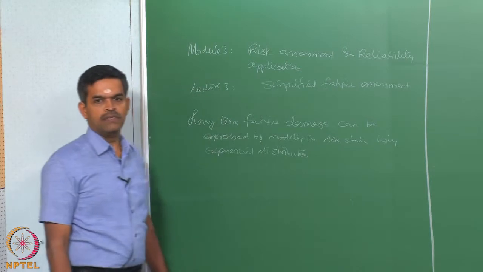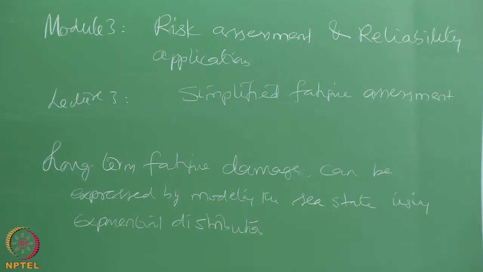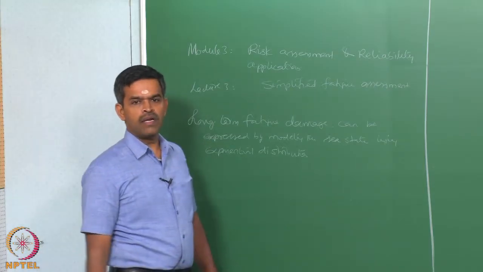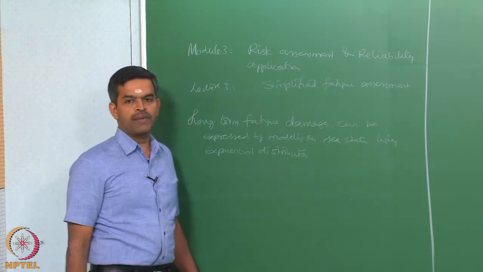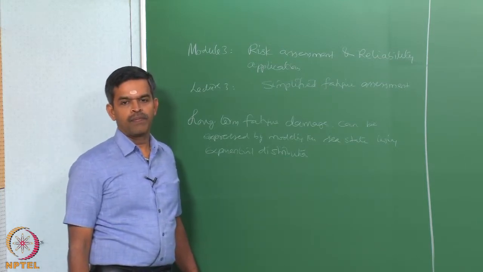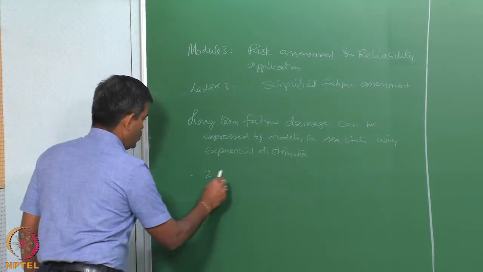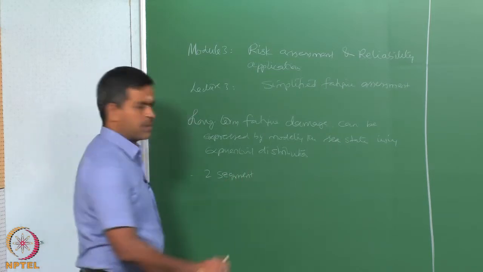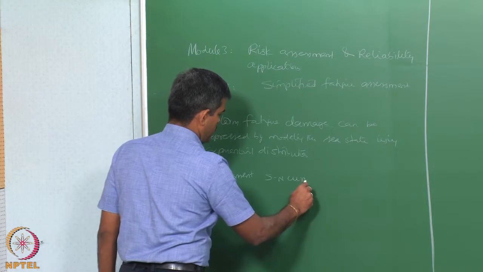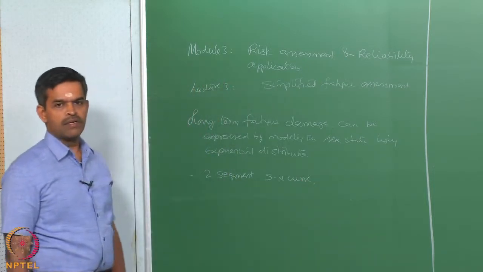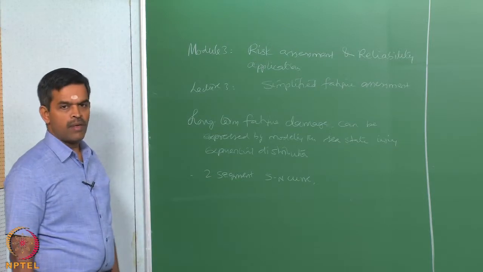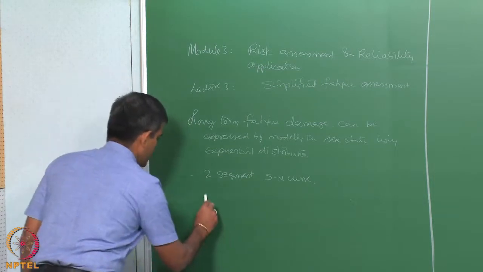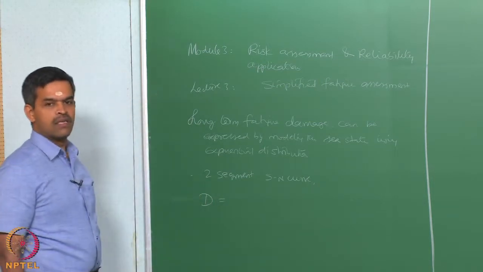As we saw in the last lecture, essentially we are looking for what is called the S-N relationship, or on the other hand one can also select the parameters in the H-N plot. So, now the 2 segment S-N curve, which can be used for estimating the long term fatigue damage by exponentially distributing the sea state, can be given by a simple expression as we saw in the last lecture.